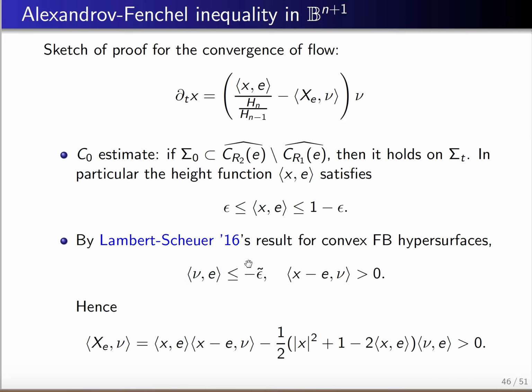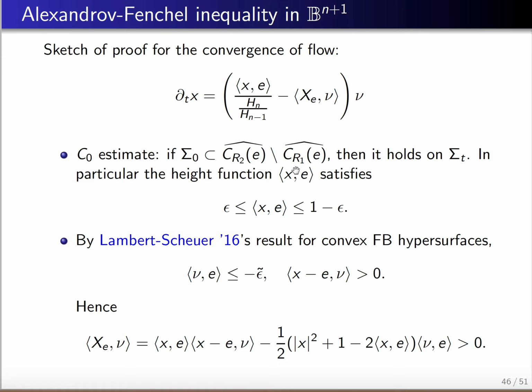So the sketch of the proof for the convergence of the flow. First, because this is local quantity preserving, we can easily get a barrier along this flow. So this gives us a C0 estimate. That is because the spherical caps satisfy that the flow speed is always 0.